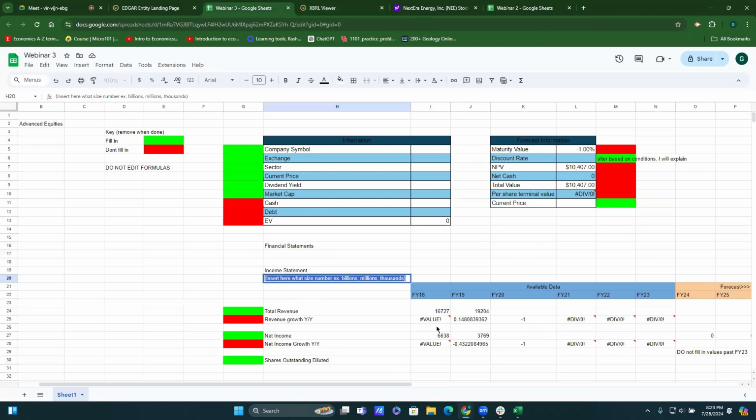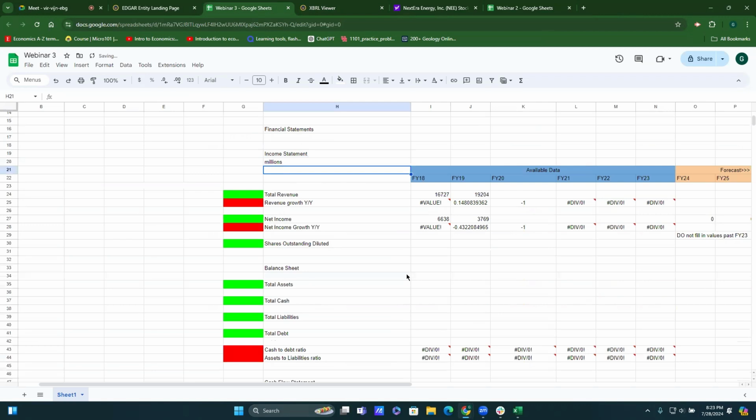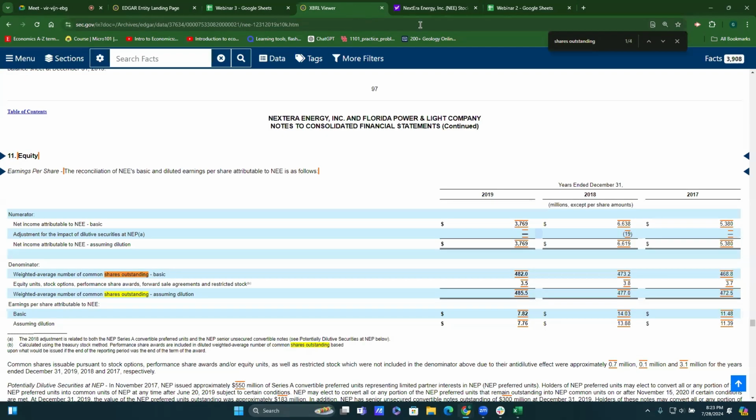We need to say what we're doing all of our numbers in. It is going to be in millions. This company, that's how they report their financial statements. So make sure every number, the shares outstanding, net income, and total revenue, are in millions if the company is doing millions. A lot of the time they're going to do thousands, but if they're doing millions, make sure everything's in millions. So what that means is you just get rid of 6 zeros, right?